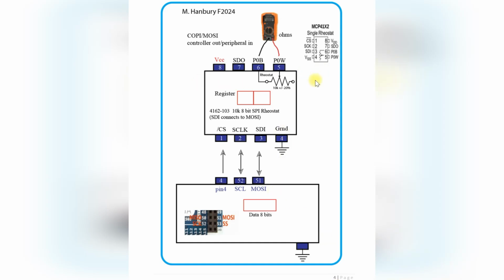For the rheostat, it's the 8-pin chip that we're going to be working with, and the rheostat is actually connected between pin 6 and 5, so that's where you're going to add your Elvis ohmmeter. It's a device that has a range of 0 to 10K, but be aware that it's plus or minus 20%.